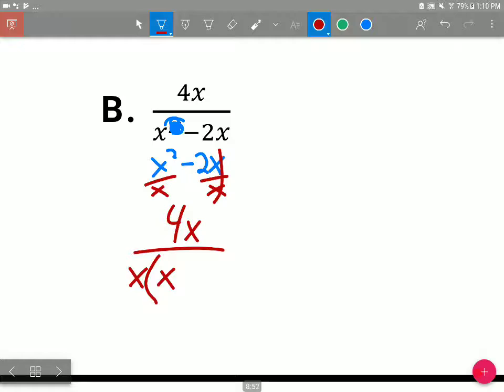Those cancel out, and you're left with a minus 2. Cool. All right. Anything I can cancel out? The x. Good. Because there is no plus or minus out back, I can treat the 4 and the x as individual pieces. So that goes away, and that goes away. And you're left with 4 over x minus 2.